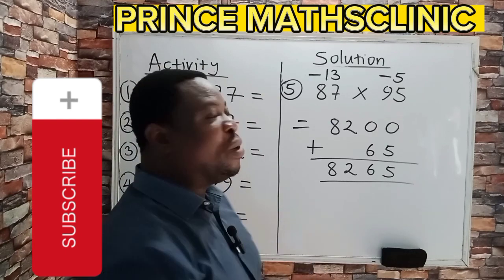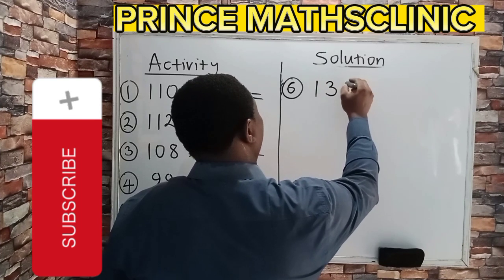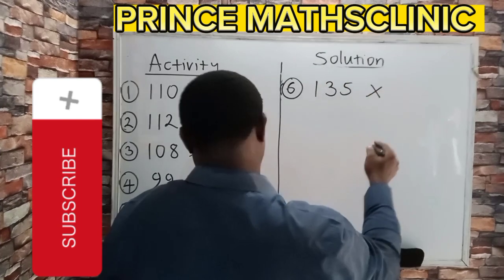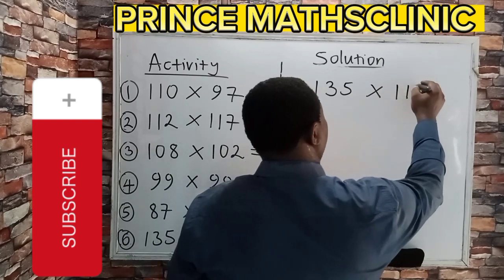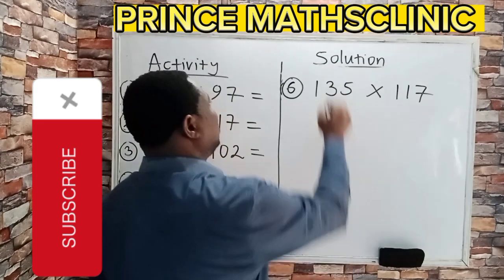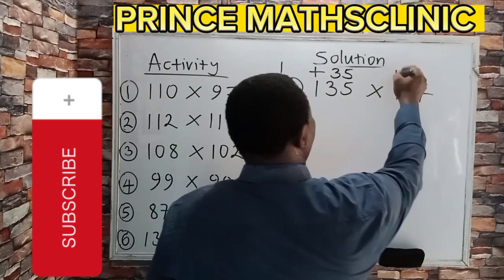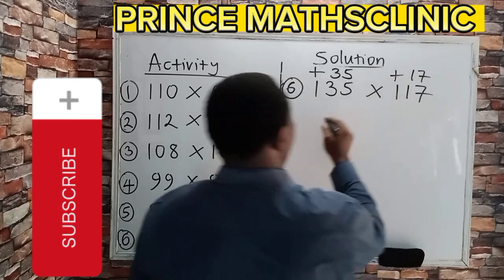Then the last question, number 6. 135 times 117. These are two numbers that are greater than 100. So this is greater than 100 35 times. This is greater than 100 17 times.